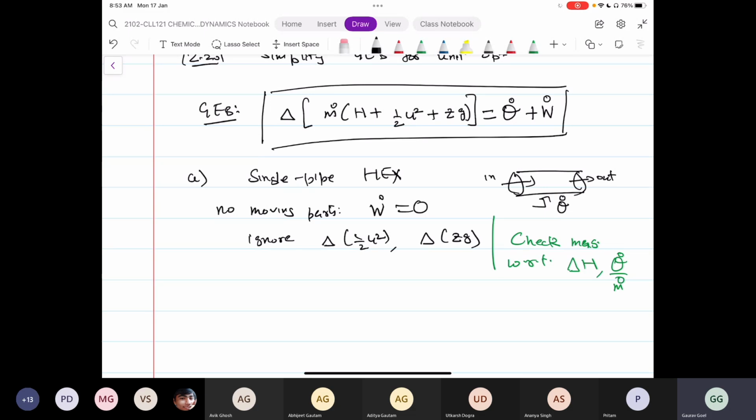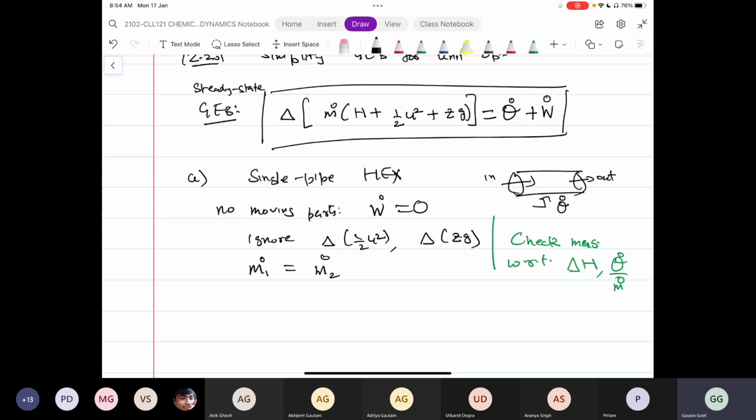Once you do all this, I assume steady state. This is not fully general, but all of these processes are given to be steady state, so I've already assumed steady state operation. Therefore, that first quantity I have already ignored. Mass flow rate at inlet would be equal to mass flow rate at outlet because it's a single stream.